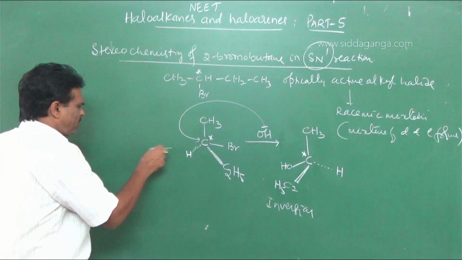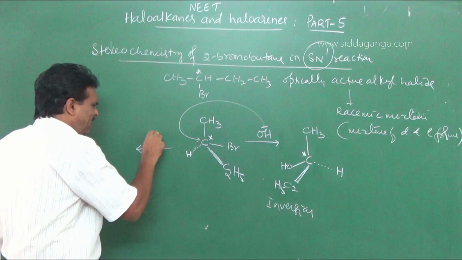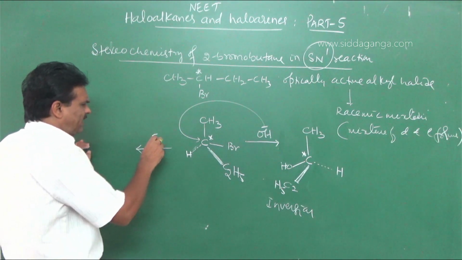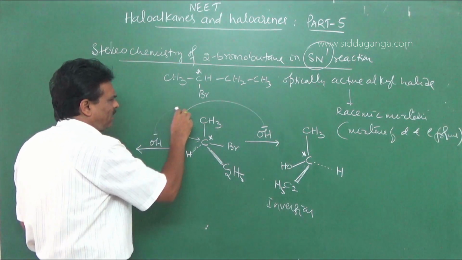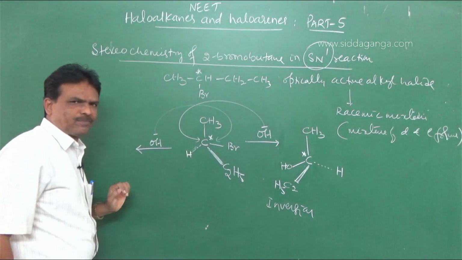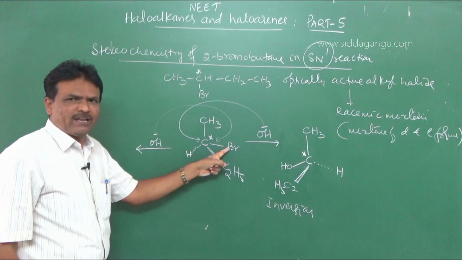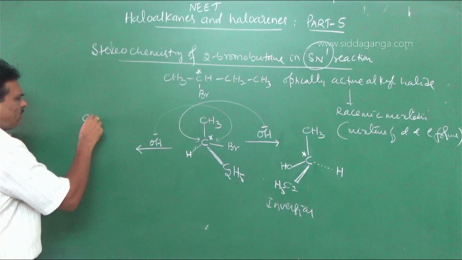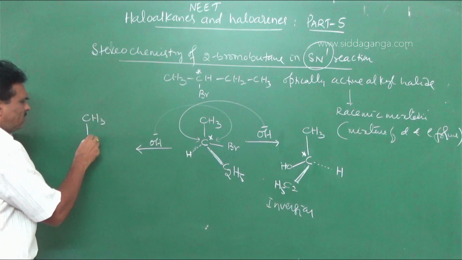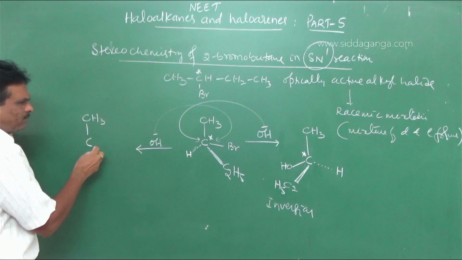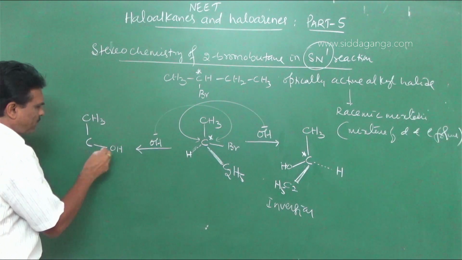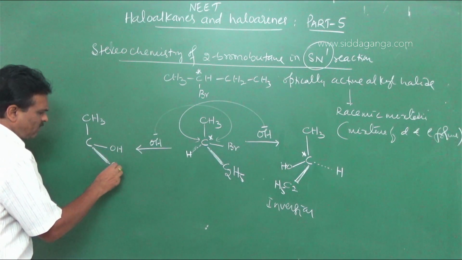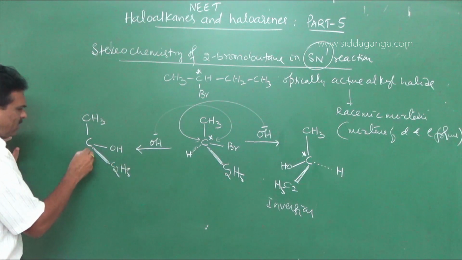Or if the nucleophile attacks in the direction of the halogen, just Br is replaced by OH group, same configuration, retention configuration. So CH3, C, OH, ethyl group, C2H5, then H.